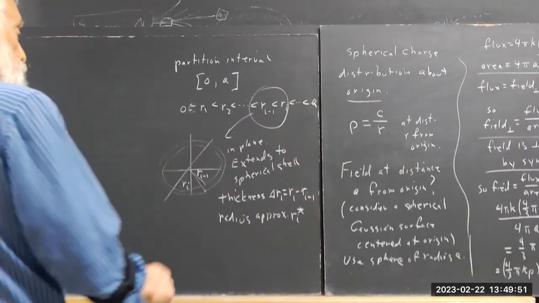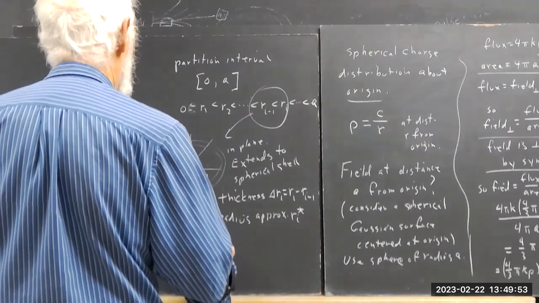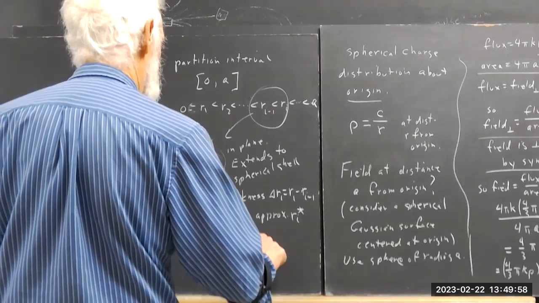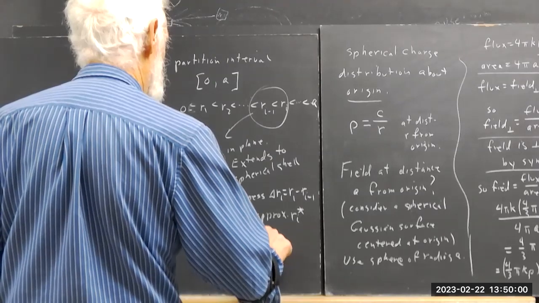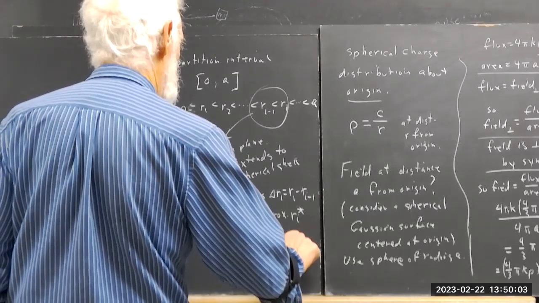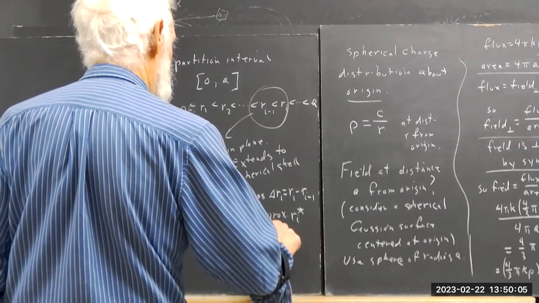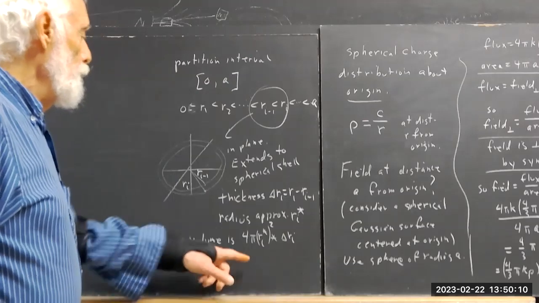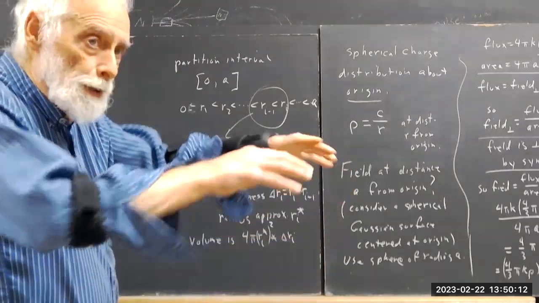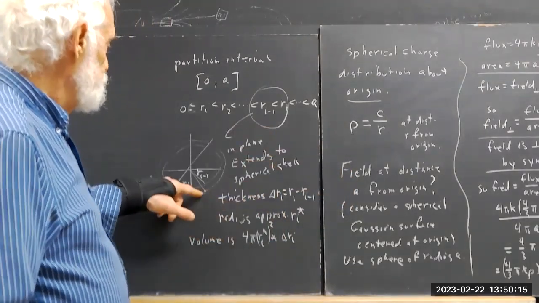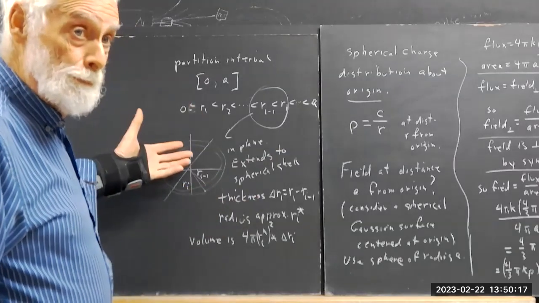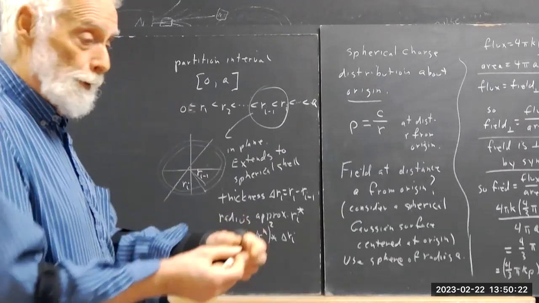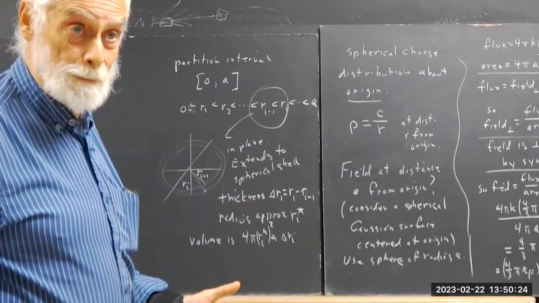So the volume is 4 pi R sub i star squared times delta R sub i. 4 pi R sub i star squared is the surface area of that sphere. We get the sample point, multiply it by the thickness, and we get the volume of that shell.